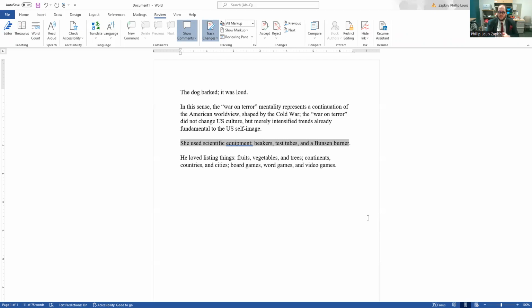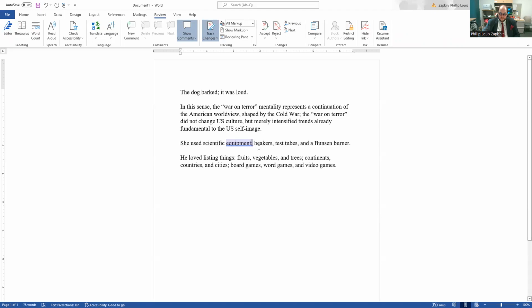So particularly if you're using this to introduce a list, it is generally not a standalone sentence. In this example, we've got, she used scientific equipment, semicolon, beakers, test tubes, and a Bunsen burner. This should not be a semicolon.